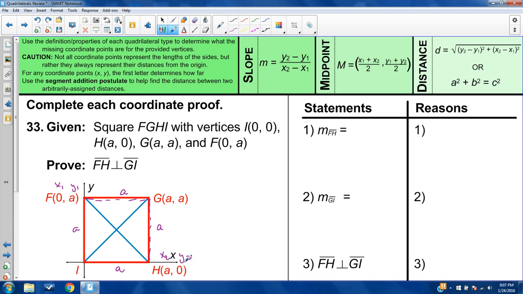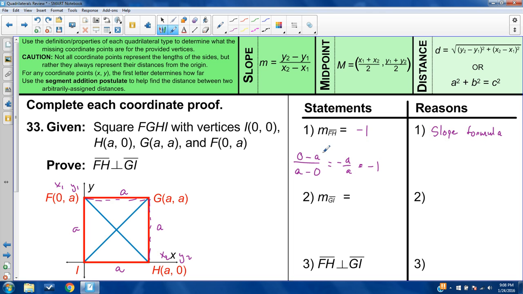So I have y2 minus y1 over x2 minus x1, which once again is negative a over a. Now that is negative 1. We know these values are non-zero values, so any number divided by itself is 1, and you have to take the opposite of it. So this is negative 1 by slope calculation. I'm just going to put that, or slope formula.